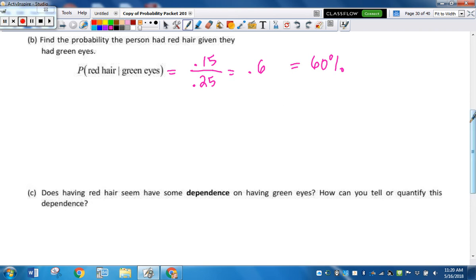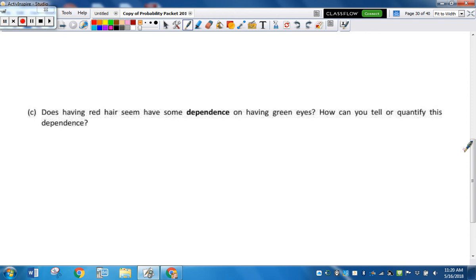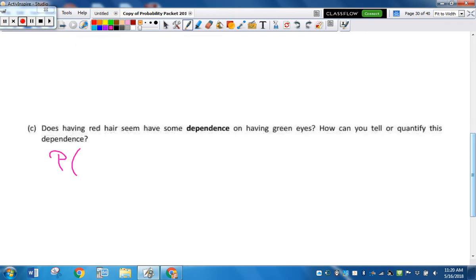In other words, if I want to know if this is independent, I could take what I've already done, red hair given green eyes, and if it's equal to the probability of having red hair, period, with no restrictions, then I know they are independent events. Because that's the definition of independent. So we already know this is 60%.